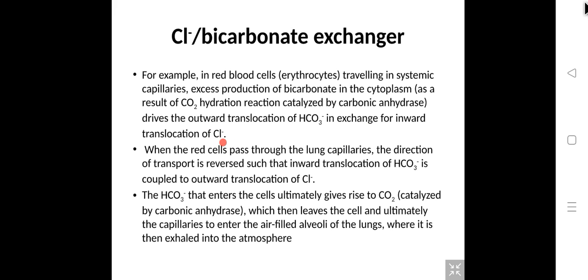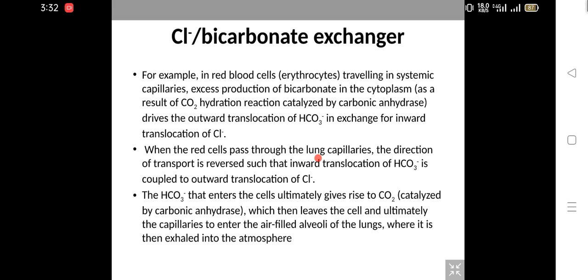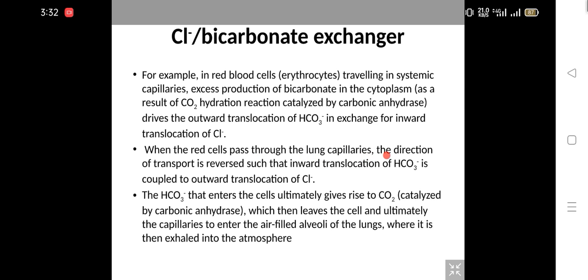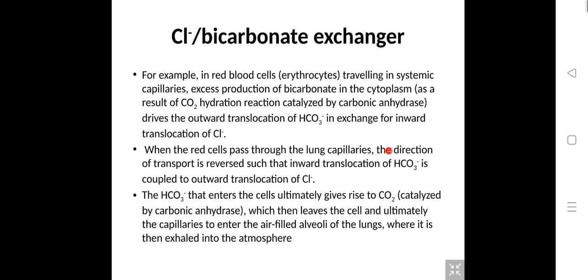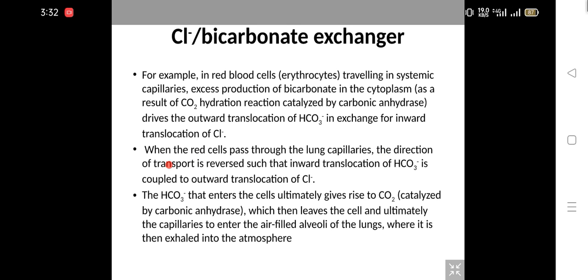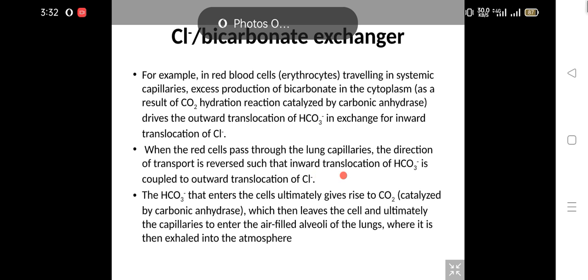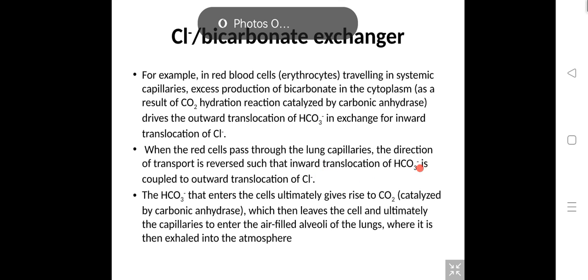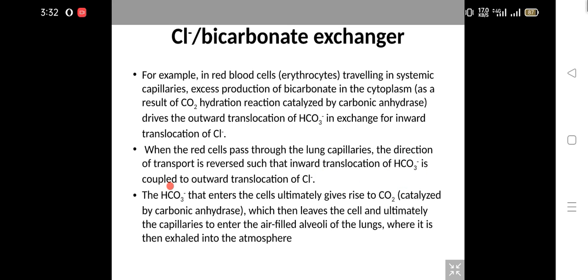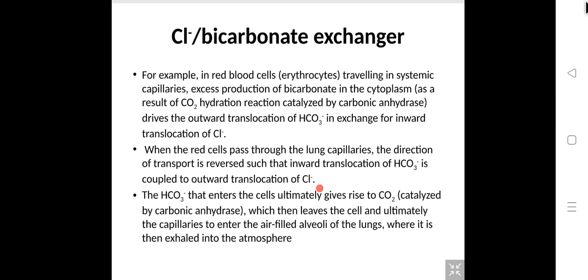of chloride ions. So when the red cells pass through lung capillaries, for example, with high oxygen, the direction of the transport is reversed such that the inward translocation of bicarbonate is coupled to outward translocation of chloride.